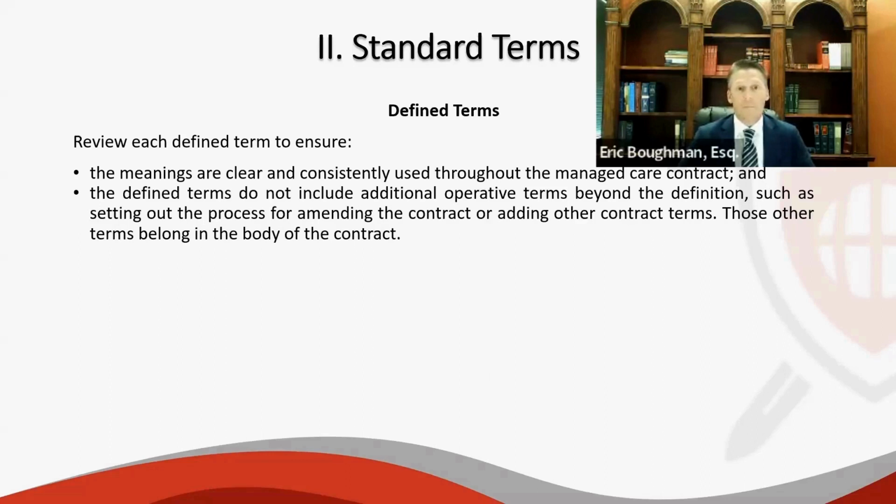Oftentimes, people will read a contract. This is the same thing, by the way, for statutes. If you ever had the opportunity to read statutes or code sections, and you see a capitalized word or a bolded word, like Parties in the middle of a sentence, that typically means that it's being treated as a proper noun, which means that it's a defined term.